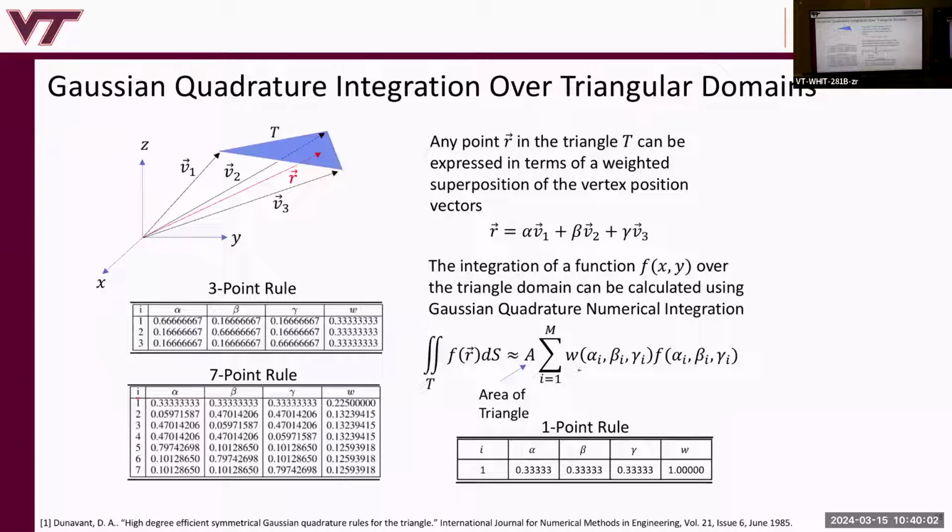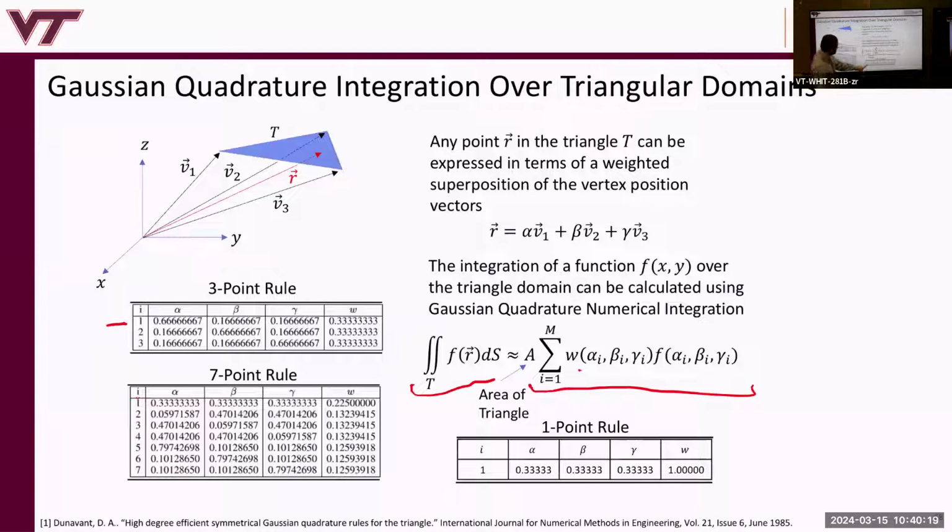Then we multiply by the weight associated with that row, with that point, called a Gaussian quadrature integration point. So the integration effectively gets transformed into a summation, which has a well-known construction.